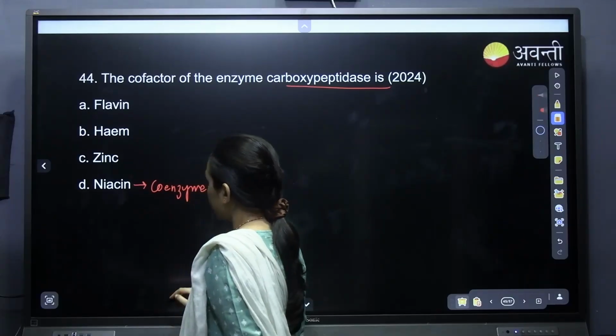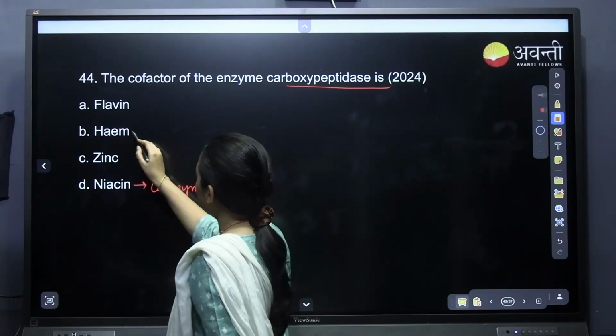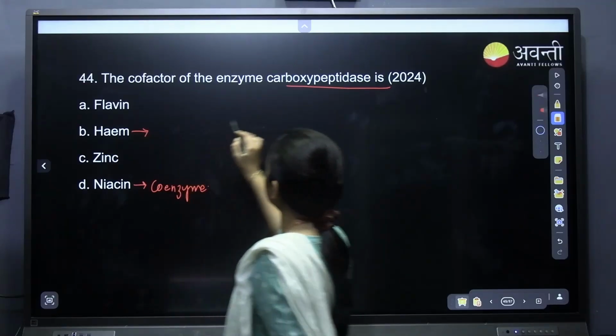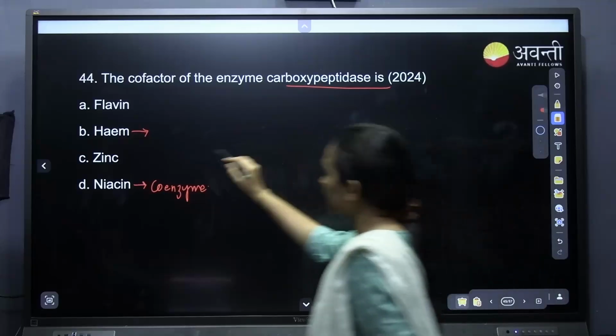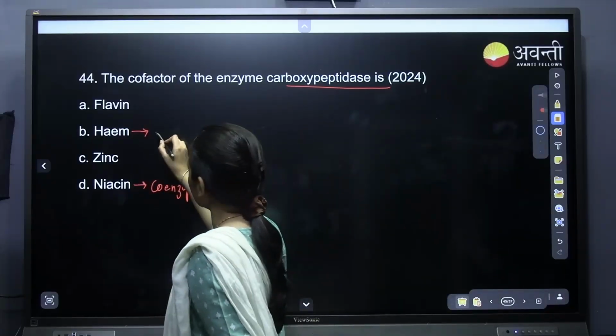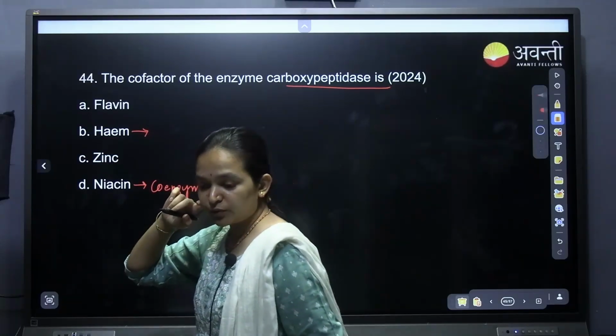No, ma'am. Option B, heme. Carboxypeptidase. Heme is actually a prosthetic group for which one?